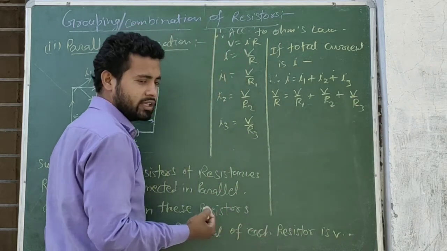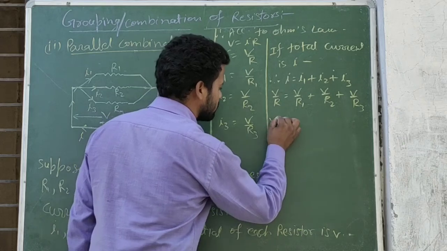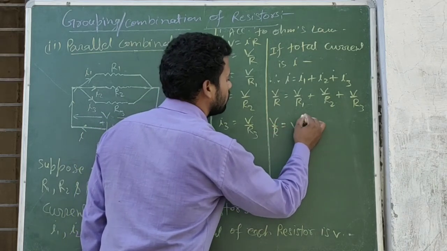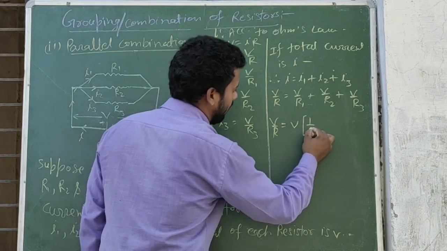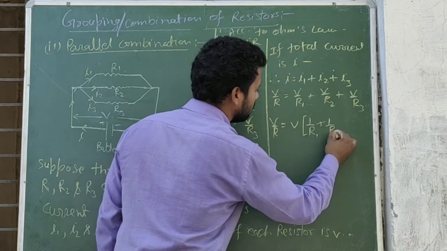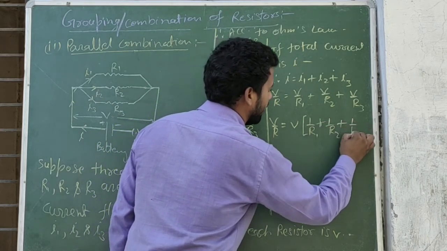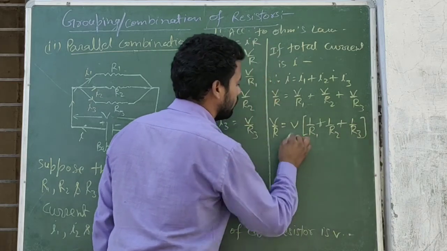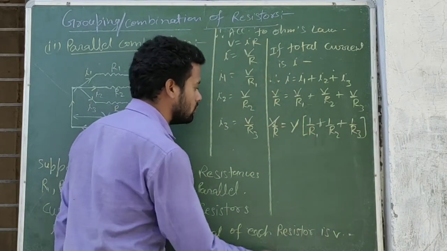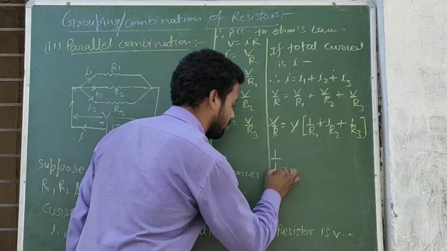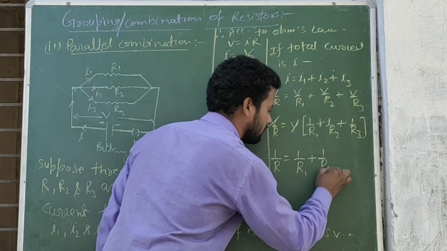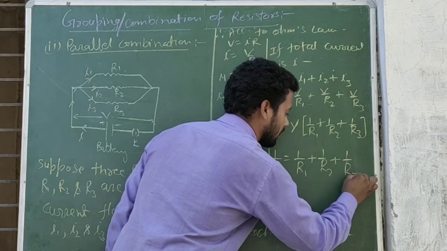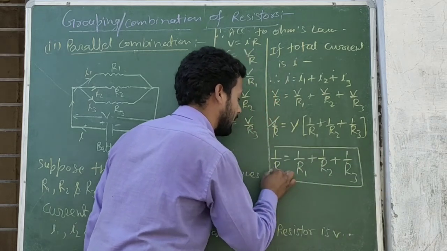V is common on both sides, so V by R equal to V times 1 by R1 plus 1 by R2 plus 1 by R3. V cancels out, so 1 by R equal to 1 by R1 plus 1 by R2 plus 1 by R3. This is the parallel combination of resistors.